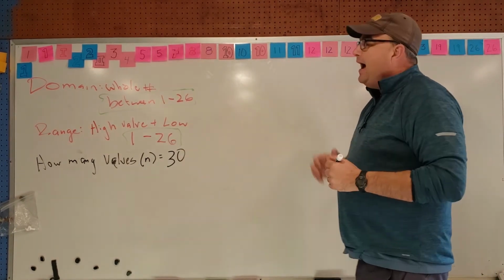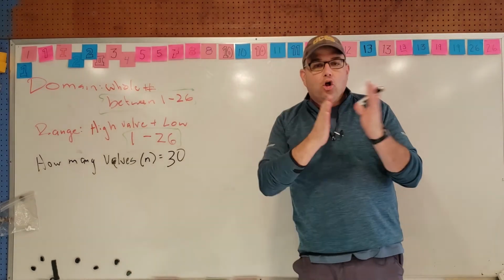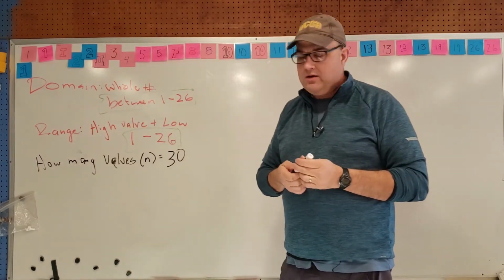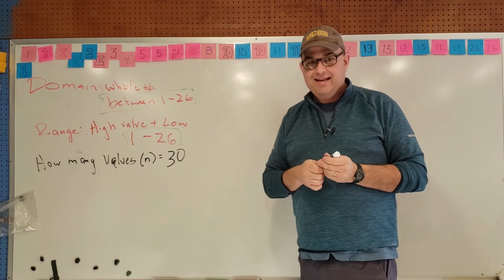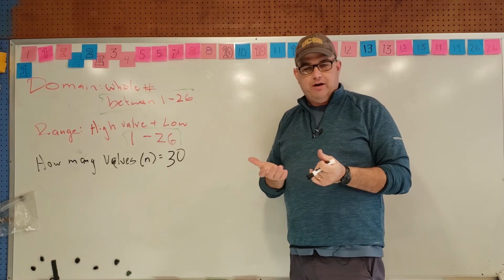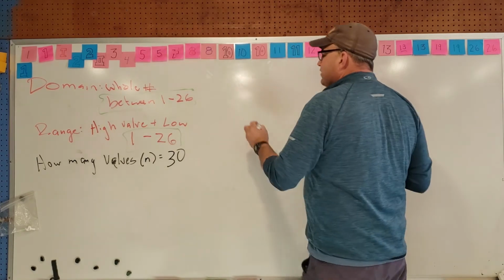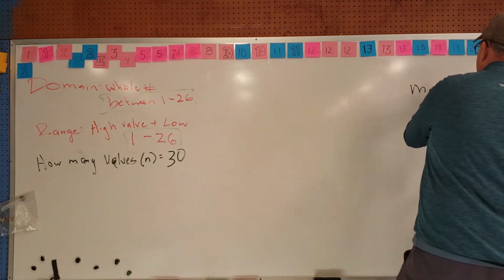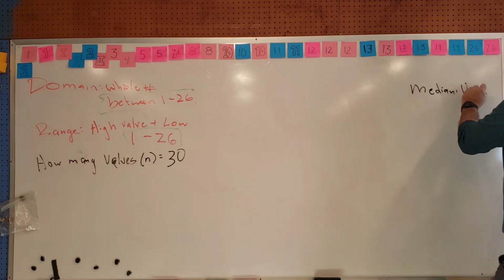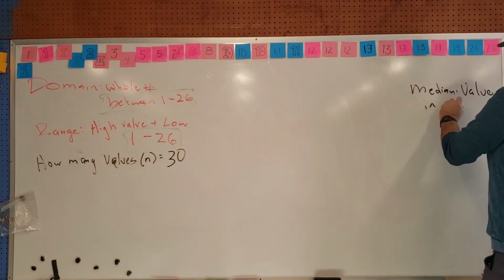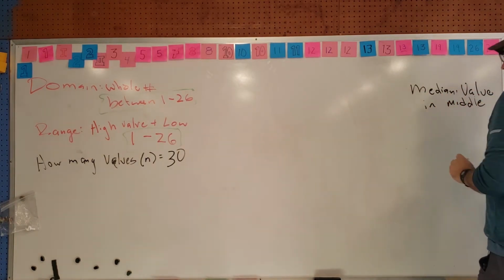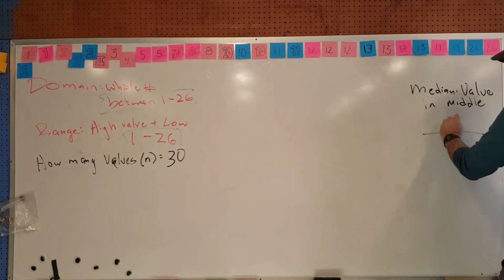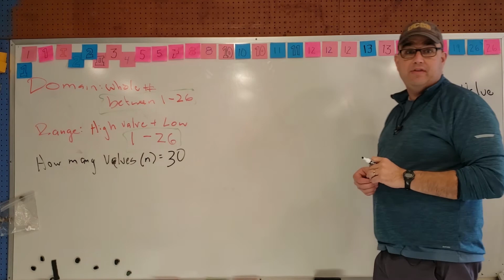So anyway, what would the middle, the mode is going to be, no, not the mode. The median is going to be the number that's right in the middle. So what we would see with a median is the value in the middle. And so what we would have is that median, and we're going to have the same number on one side as we would have on the other side.